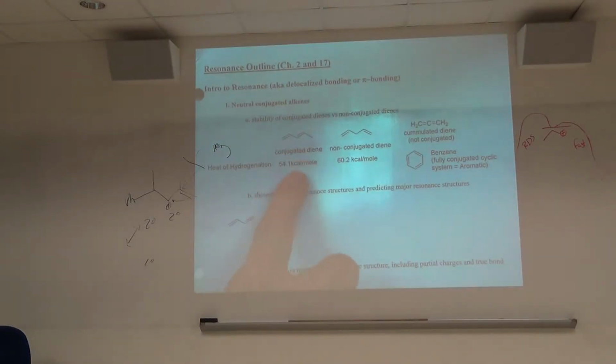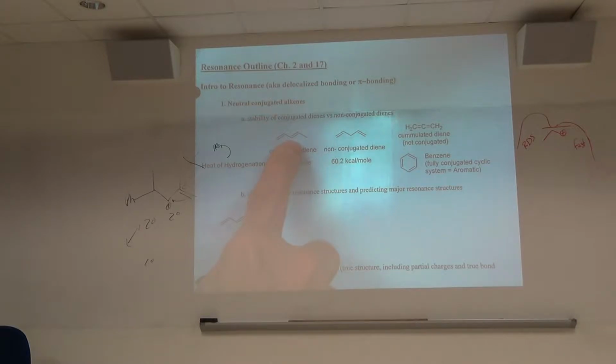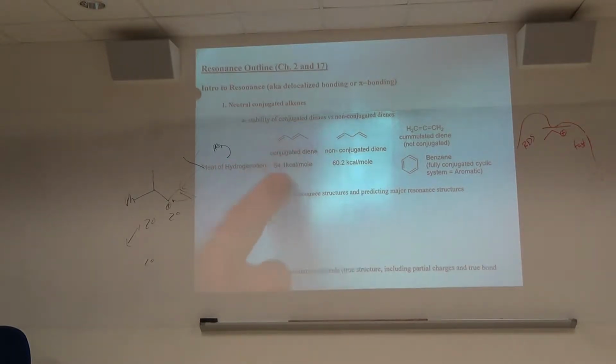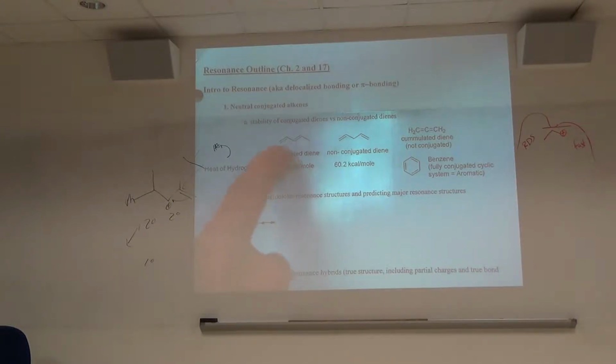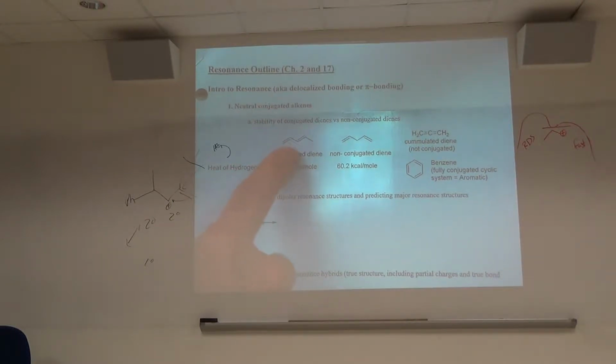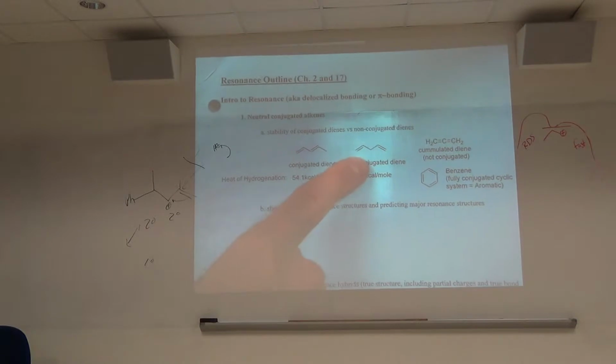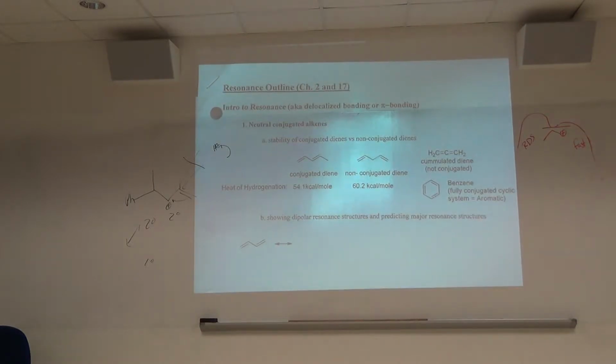Look over here. Remember, which is more stable? This one or that one? This one. It has a lower heat of hydrogenation. You'd rather have more pi bonds conjugated than not. Right? Okay.